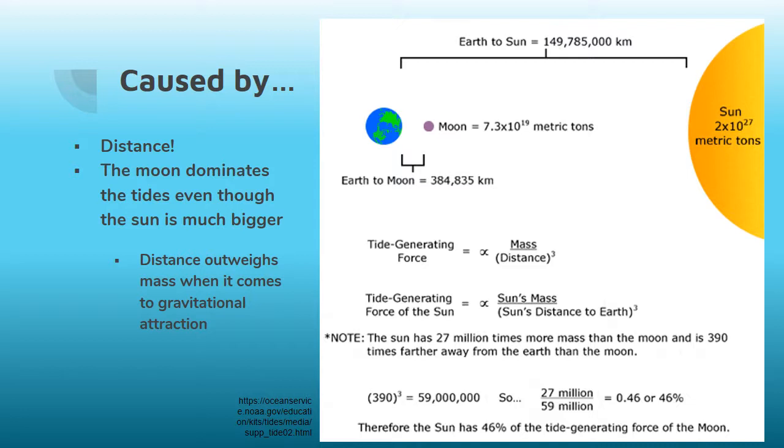Tide generating force equals mass over distance cubed, and the tide generating force of the sun is the sun's mass over the sun's distance to Earth cubed. So you know that it's not really based on mass. It's the distance that really affects the gravitational pull, and that's why the moon is what really dominates the tides as compared to the sun.